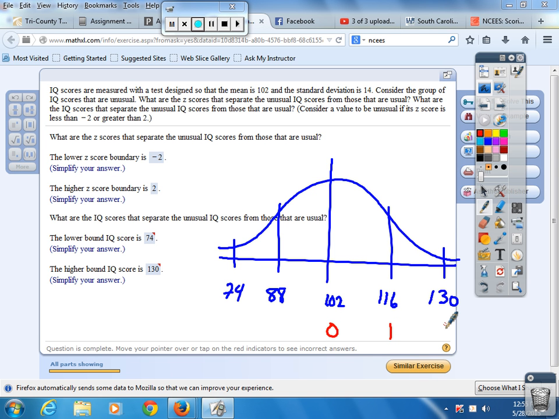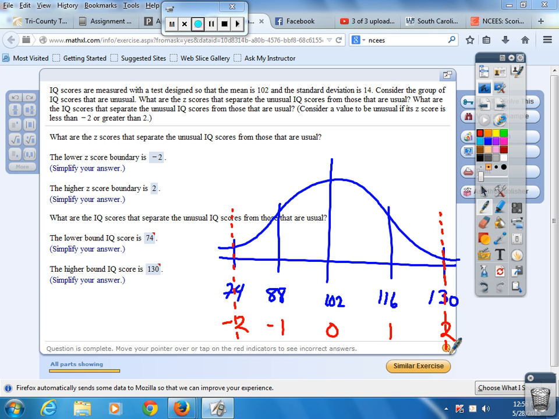And what's this z-score? 2. So 95% is going to fall between 74 and 130, or z-scores of -2 and 2. And that's the way it rolls all the time.